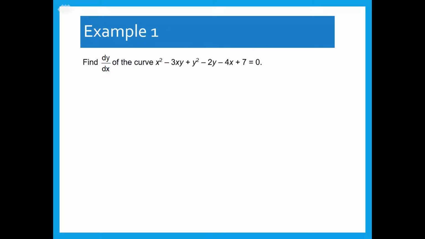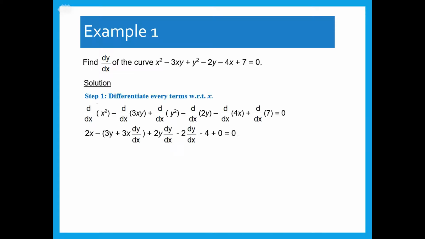Now, refer to example 1. You need to find dy over dx of the given curve. To find dy over dx, you need to differentiate every term with respect to x. Differentiate x squared, the answer is 2x. Differentiate 3xy using product rule.